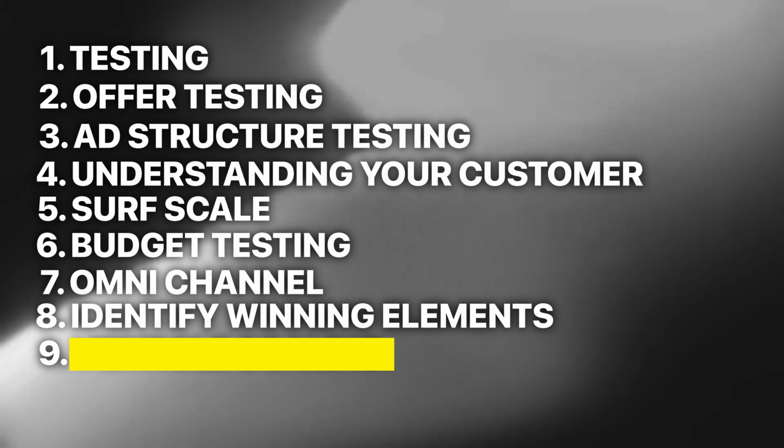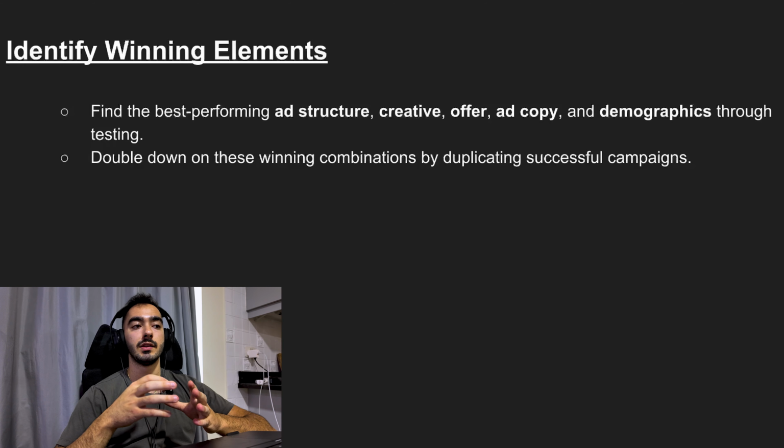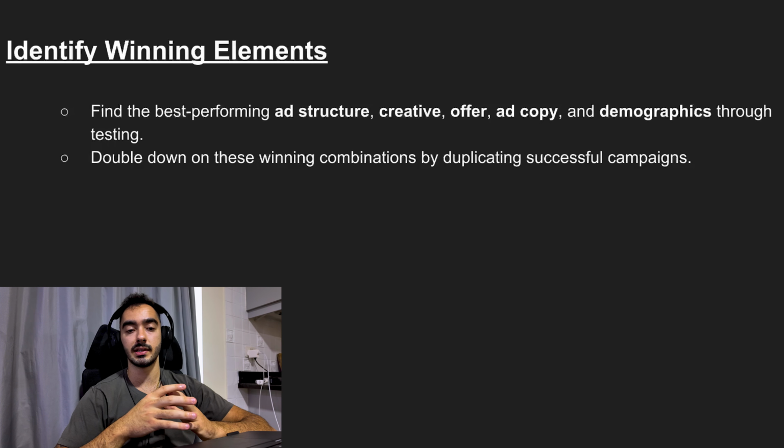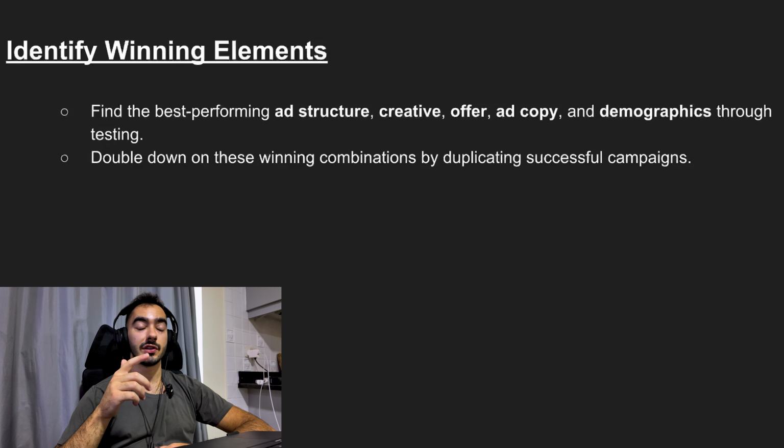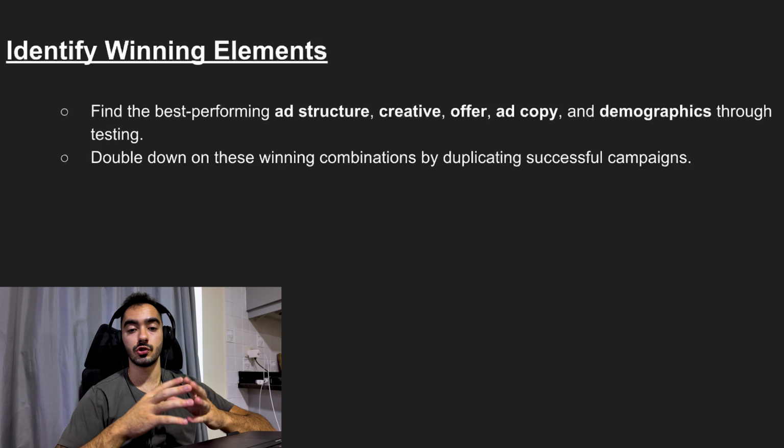So identifying the winning elements, right? You want to find the best performing ad structure, the best performing creatives, offer, ad copy, and demographics through testing. You want to test all those things, find the best structures, and then double down on these winning combinations by either duplicating successful campaigns, or you can just keep testing more creatives and have a vertical approach to your campaigns.